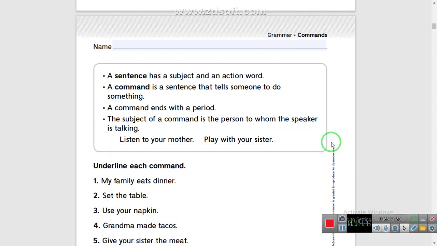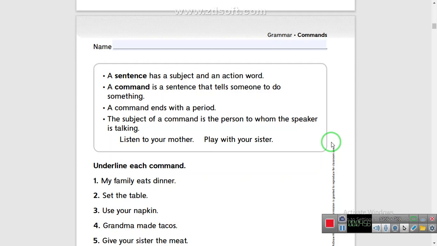If the sentence is telling someone to do something, then it's a command. A statement, for example, is like, Ahmad is my friend. But a command would be like, please close the door, or bring me a cup of tea.